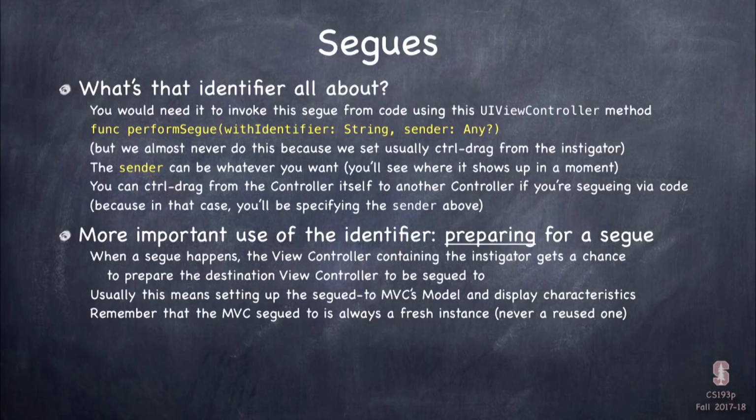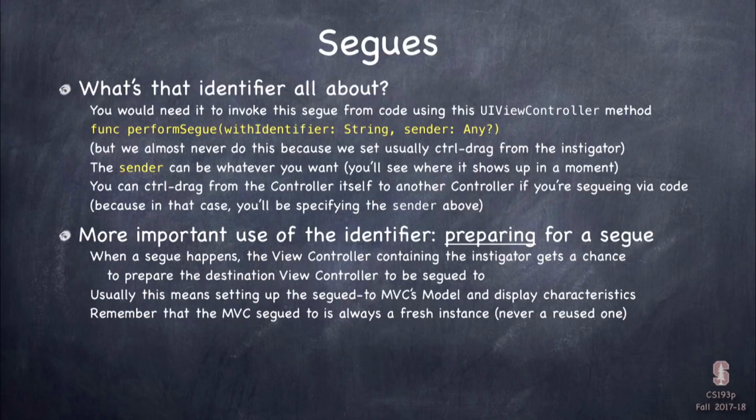But the most important use of identifier is to prepare the MVC that you're segueing to. Think about the calculator example. I press graph, and it's going to show me a graph, presumably of what's in my calculator. Well, I have to somehow let that new graphing MVC know what equation to graph.